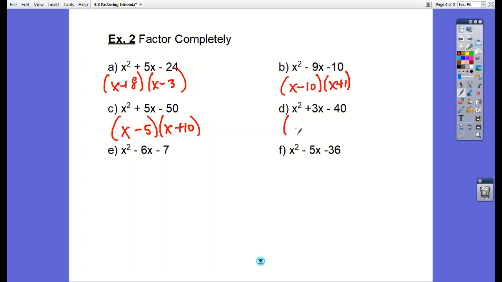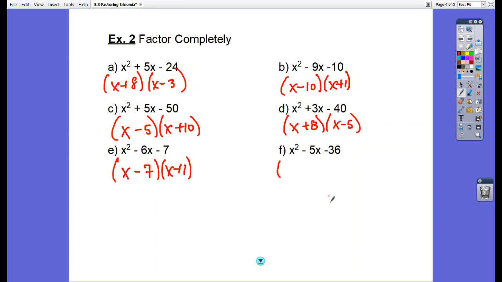John. x plus 8, x minus 5. Stuart. x minus 7 times x plus 1.